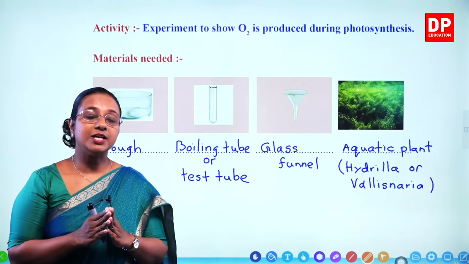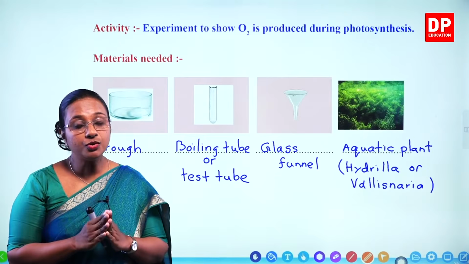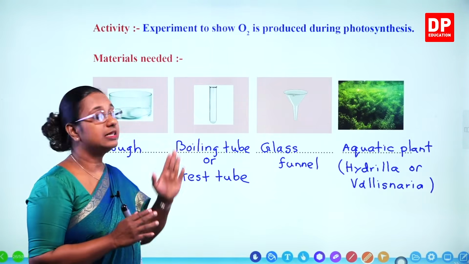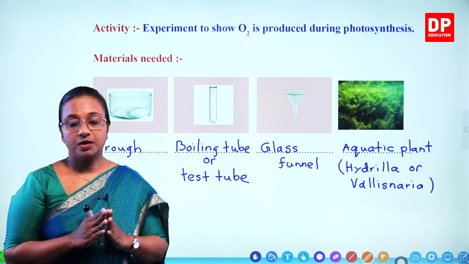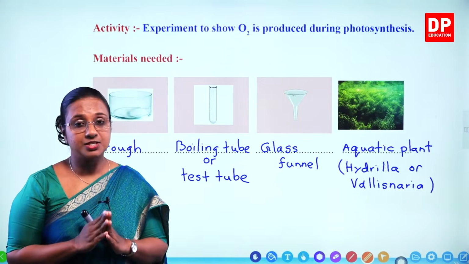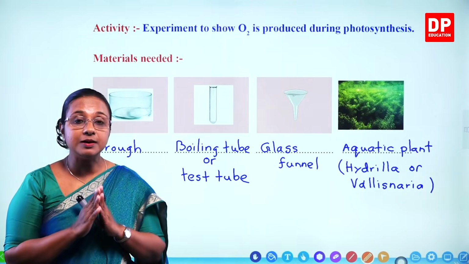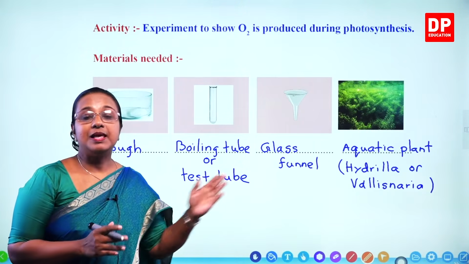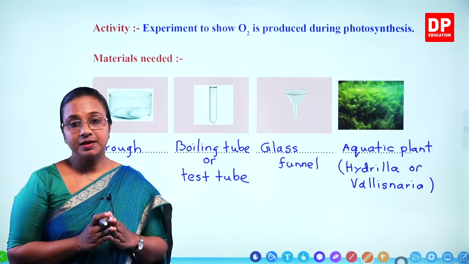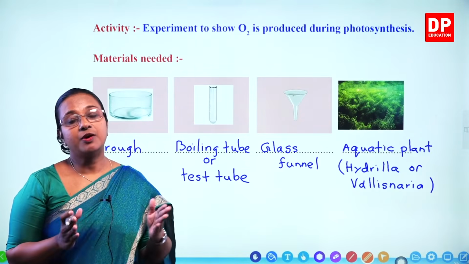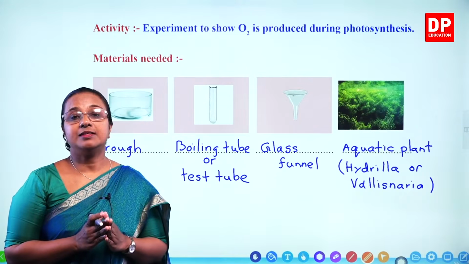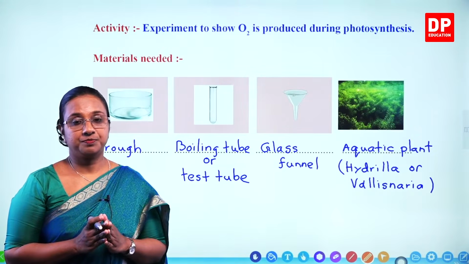We have to make sure that there are no air bubbles or gas bubbles inside the water in the test tube. So it has to be completely filled with water. Then we place the setup in direct sunlight for about 3 to 5 hours. There you will see the observation.